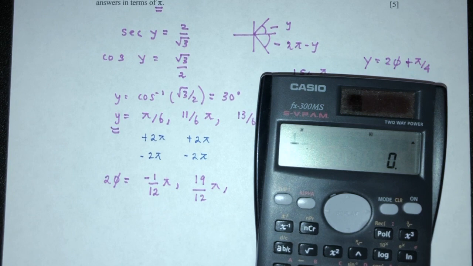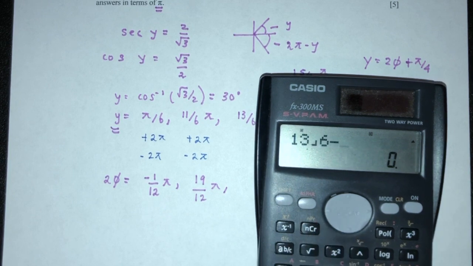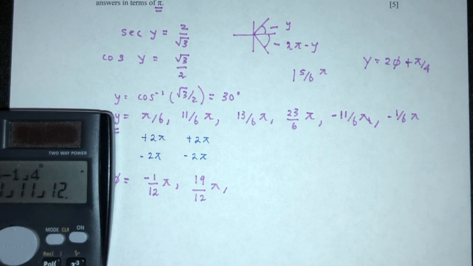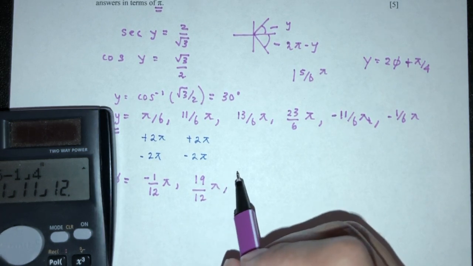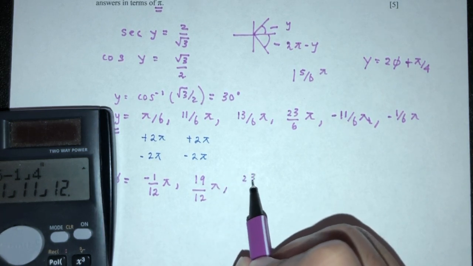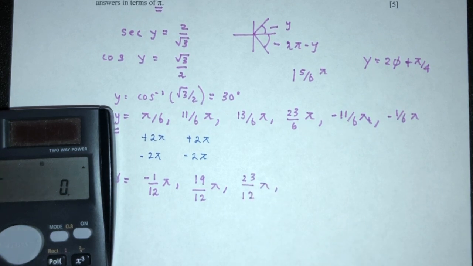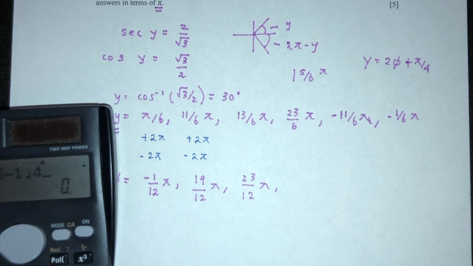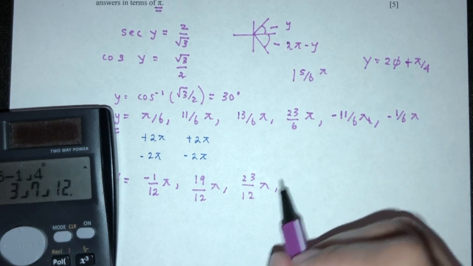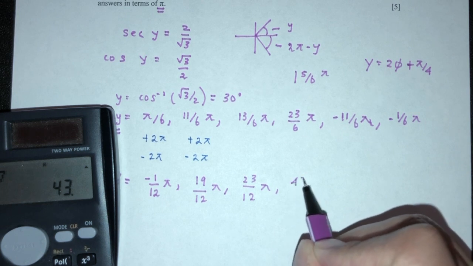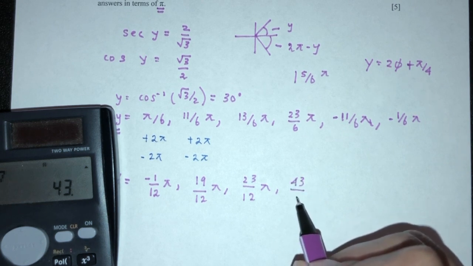And then we have 13 over 6 minus 1 over 4, so 1, 11, that should be 23 over 12 pi. And 23 over 6 minus 1 over 4, that will be 36 plus 7, that should be 43 over 12.